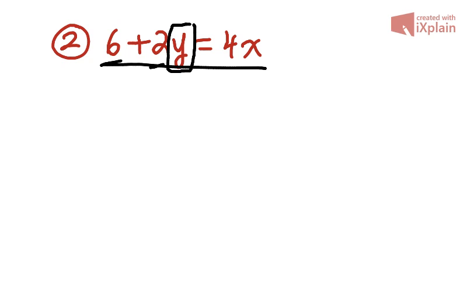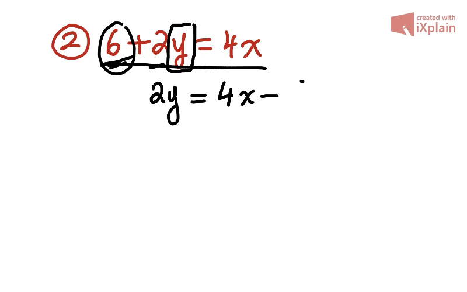So first thing we do is we remove the 6 because it's the one that is further away from the y. So we can rewrite this as 2y equals 4x. Now that 6 is an addition with the 2y, it's a positive number, so it's adding, so we will subtract it.